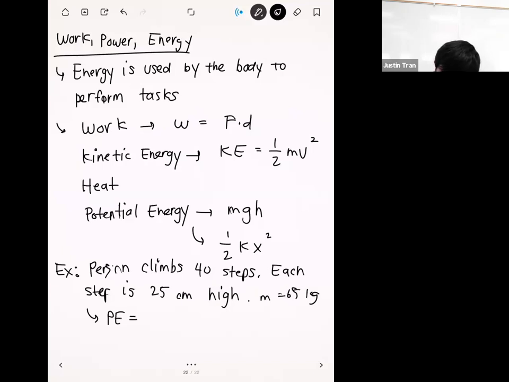The potential energy is going to be the person's mass, which is 65 kilograms, multiplied by gravity, which is 9.8 meters per second squared. Then we multiply by the height, where the height is 40 steps times 0.25 meters per step.